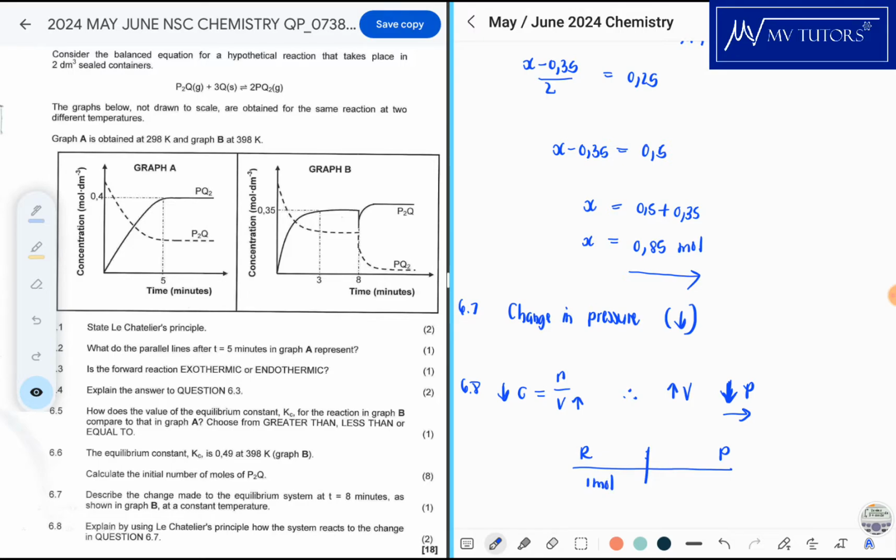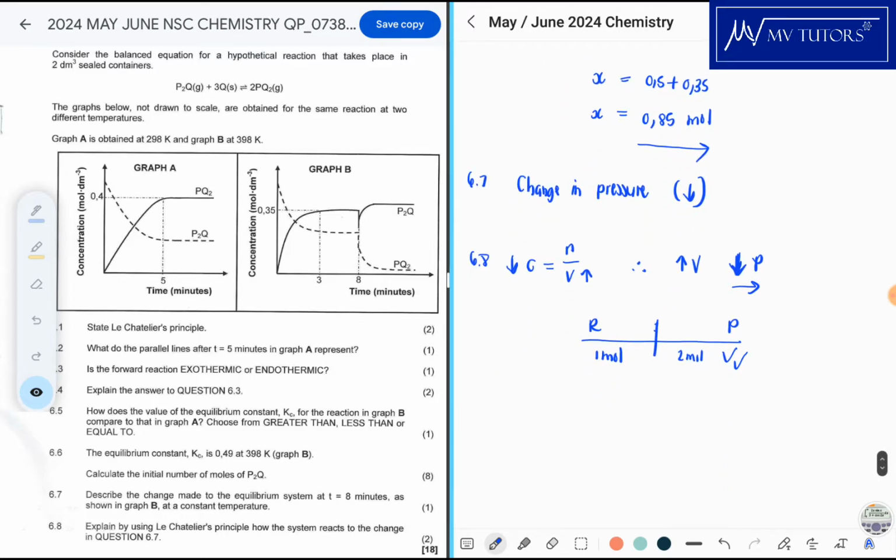For the products, we have 2 moles that are gaseous. Remember, pressure only applies to gas. So we have 2 moles, so the products are actually favored. So in decreasing our pressure, the forward reaction is favored.